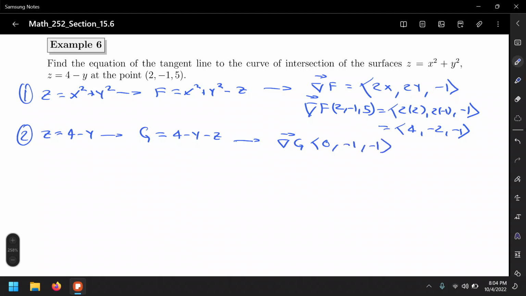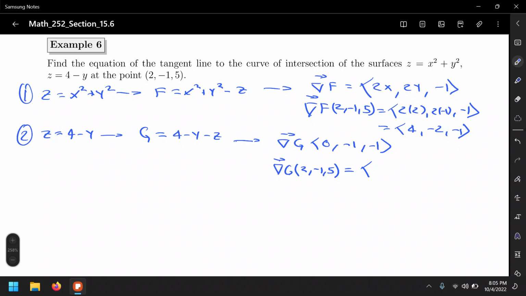So this one is really easy to differentiate. Well, we want to evaluate the gradient nabla G at the point (2, -1, 5). But notice how the gradient in this case is a constant vector. There's no x, y, and z to plug in, so it will be the same components.